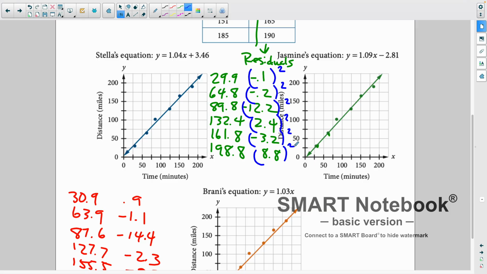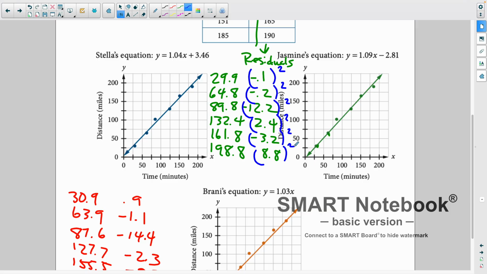Because you take a negative times a negative, it's going to be positive. If you take a positive times positive, it's going to be a positive. Now, am I over inflating my error though? A little bit, but at least it's all going to be positive. So now I can add up all this error after I square them, do the one that we did yesterday, and I can see which one had the least amount of error. And I say, that's the best one. Make sense? That's exactly what running a regression is doing.